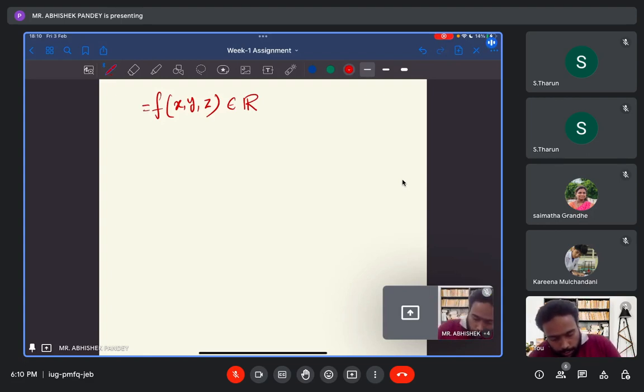You need some w, which will vary in R, and at each point you will get some value of f of x y z, which I am denoting with w.